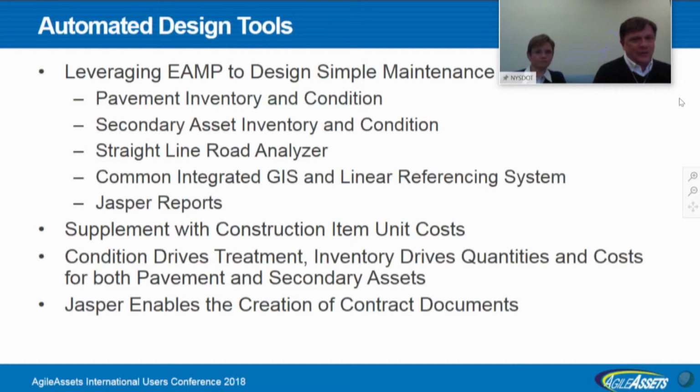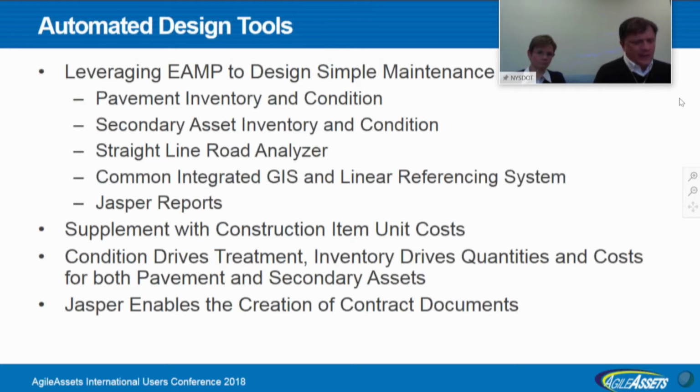Again, you have the dimensions, so you can automatically calculate what those quantities are and develop an estimate. And now, if you have your secondary asset inventory and you want to replace the signs and rail or drainage structures that are in a non-functional or poor condition, you can just select those and include those in your project.